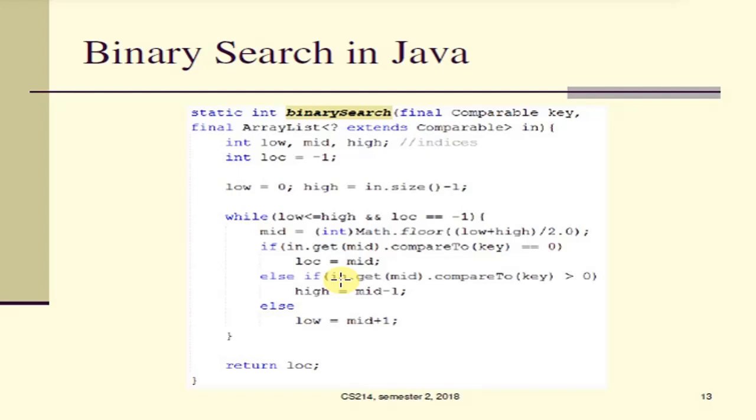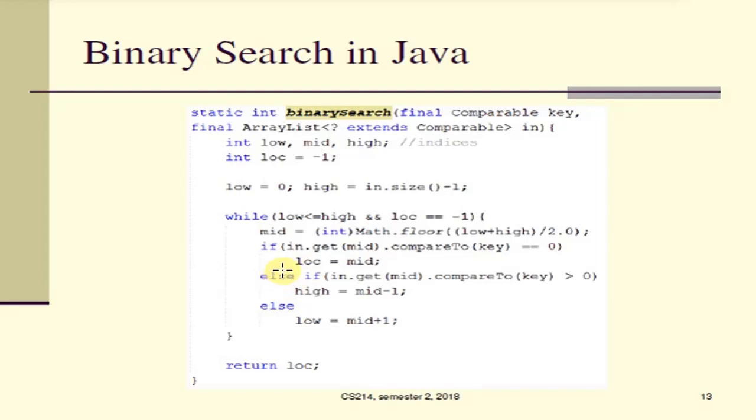Which means we have completely disregarded the second half of the array, which was on this side of the mid. Which means the key that we're looking for is actually less than the thing that was in the middle, and so we are going to further divide and check inside this side, the lower half of the array list. And so our high is then set to the mid -1.